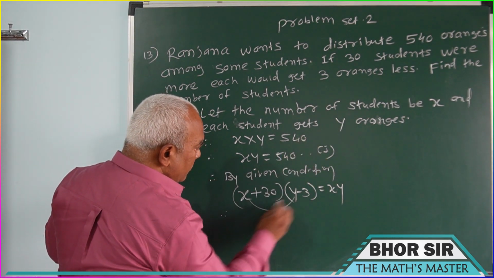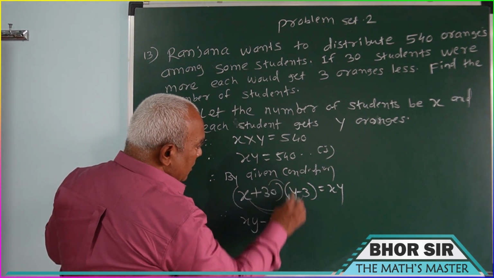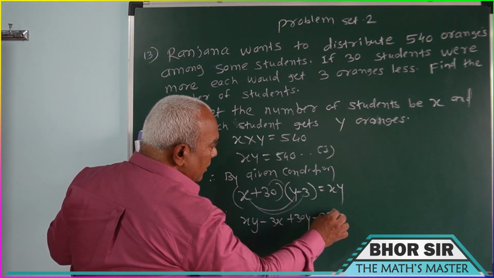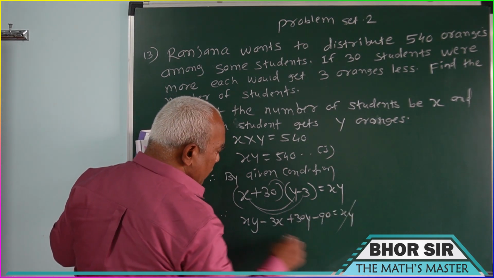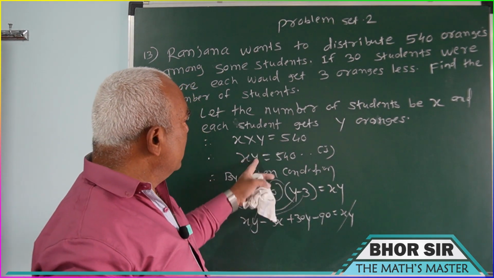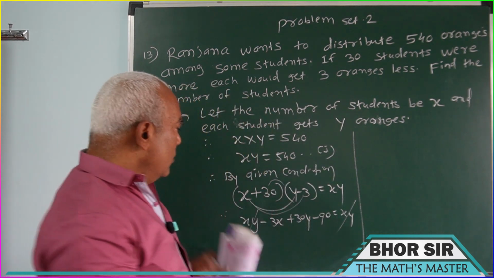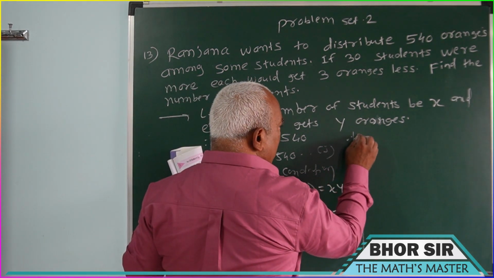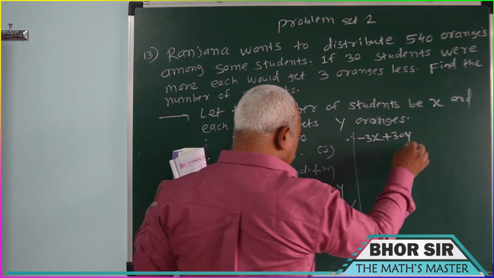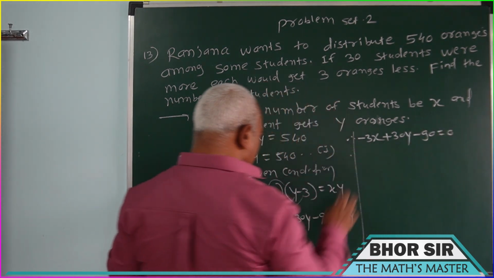See now, (x plus 30) times (y minus 3) gives xy minus 3x plus 30y minus 90, which is equal to xy. The xy cancels, because the original number of oranges has no change. Therefore, minus 3x plus 30y minus 90 is equal to 0.